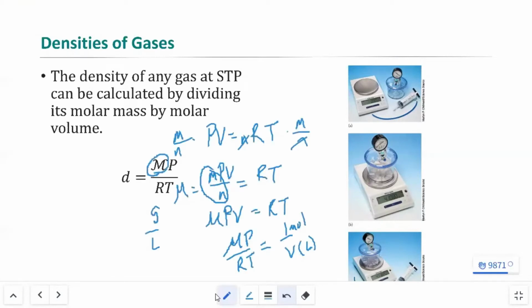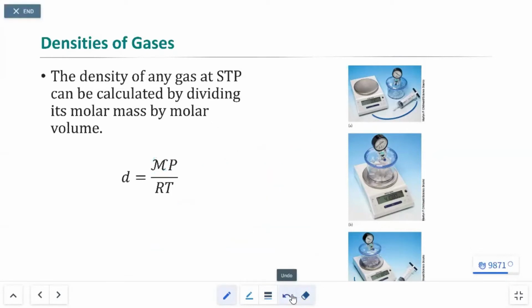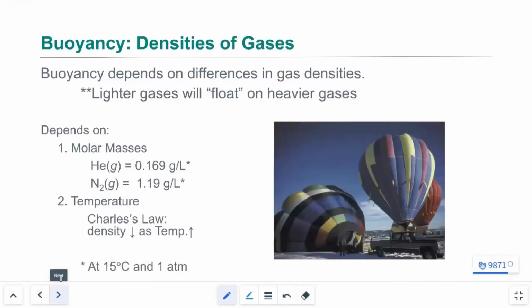Honestly told, I don't use these kinds of calculations particularly much. It's very useful if you have that equation in hand at the moment. But if you have a simple understanding of the ideal gas law, we can manipulate it appropriately. Why this is important is buoyancy.